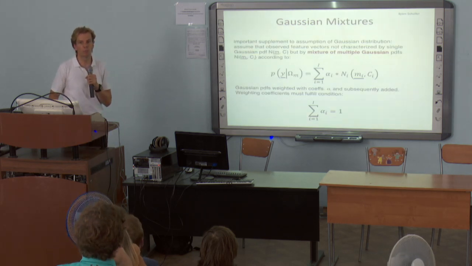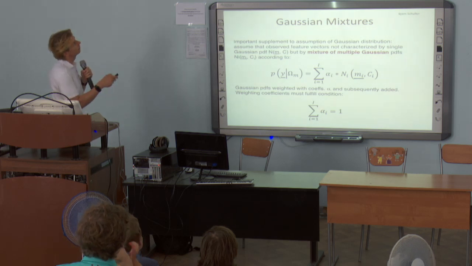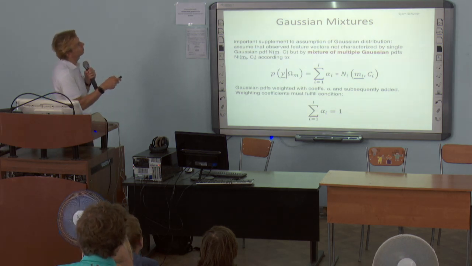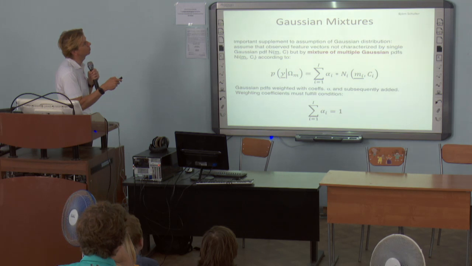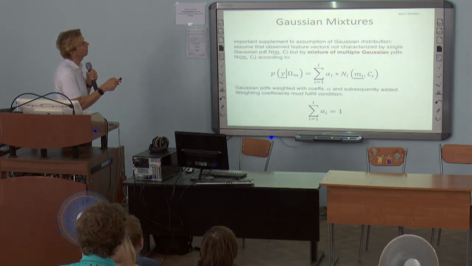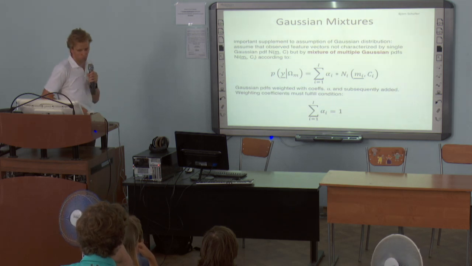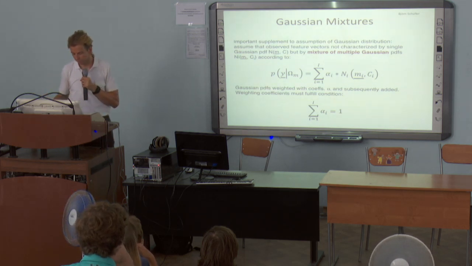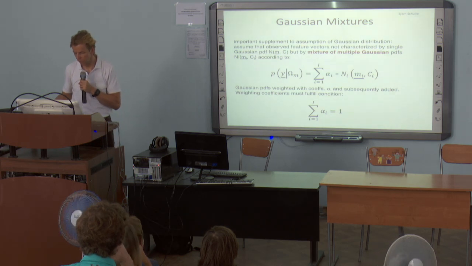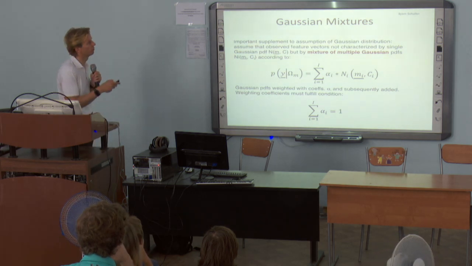And what can you do to make it more powerful? You can use mixtures of Gaussians, so you can assume that it's not a single Gaussian, but several Gaussians added. So you're having a weight for each Gaussian, and you have a weighted sum of Gaussian functions here to have your normal distribution enriched by more powerful decision boundaries.